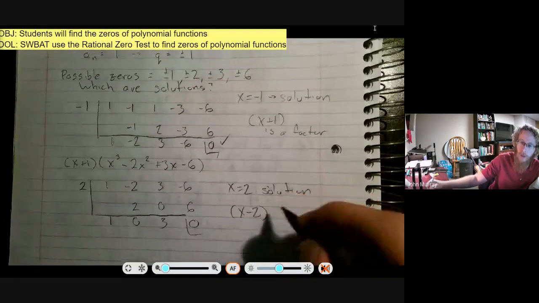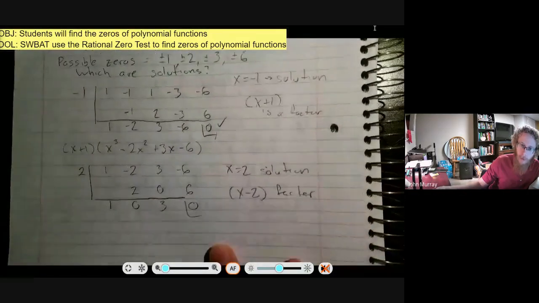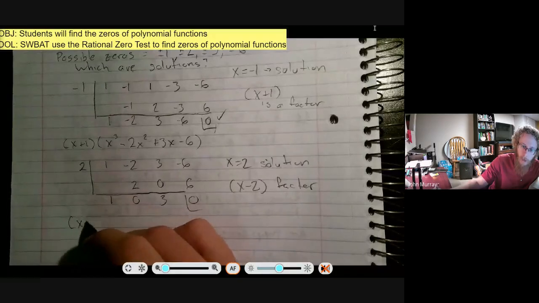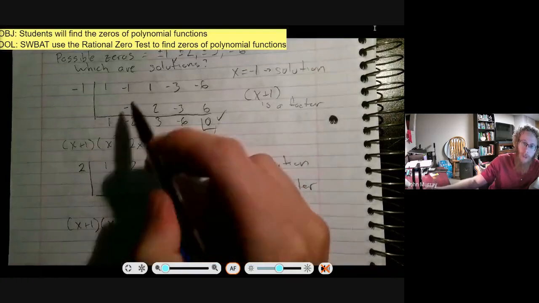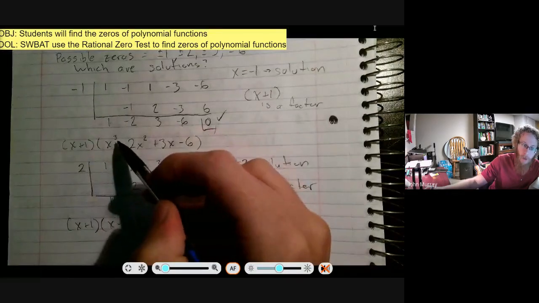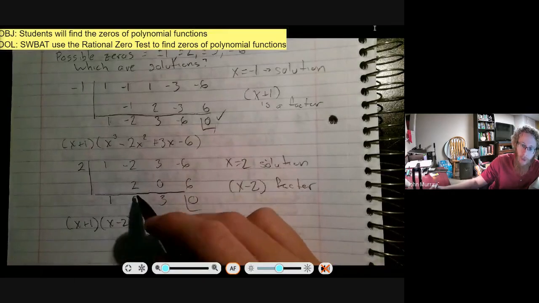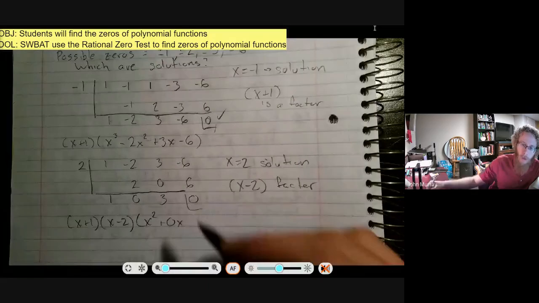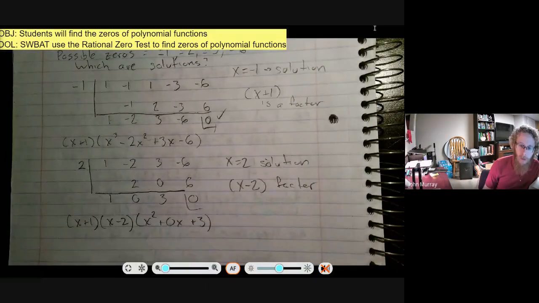which means x minus 2 is our factor. So then I would have x plus 1 times x minus 2. Now this was x to the 3rd, so we have to drop this to x squared. There wouldn't be any x term, but I'll put plus 0x plus 3.